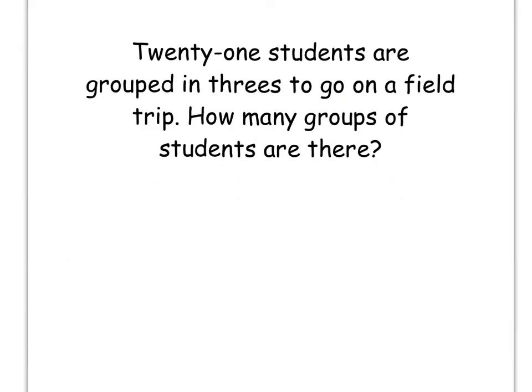This word problem reads, 21 students are grouped in threes to go on a field trip. How many groups of students are there? I know that I could annotate 21 students, and I could write that in numeric form.